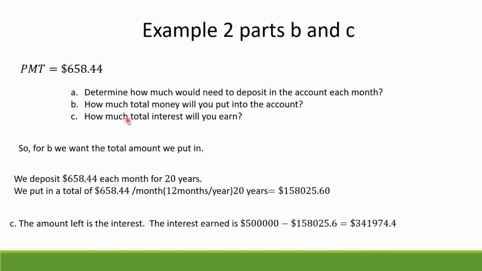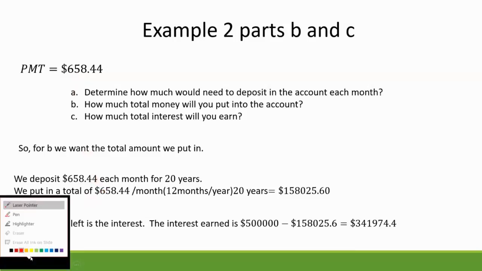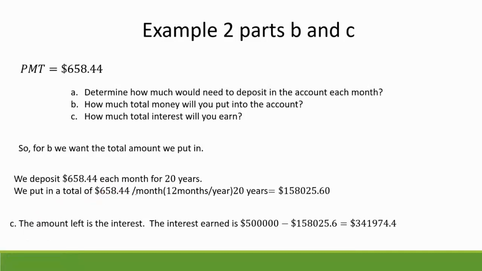All right. So here, right, we got our A, which is again our monthly deposit. Now for B, we want to know how much money in total we will put into the account. It's just like before. $658 a month, right? And this is going on for 20 years. So we have $658 per month. And there are 12 months in a year, right? So these units cancel.